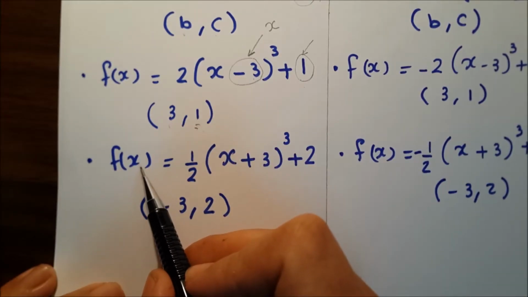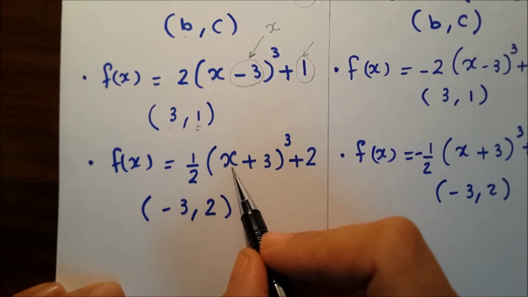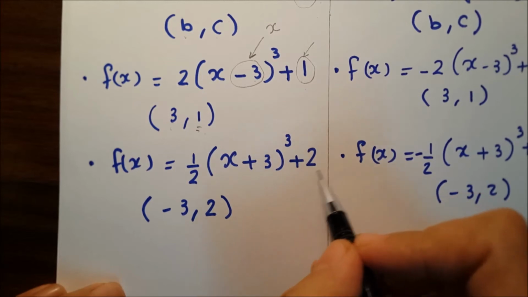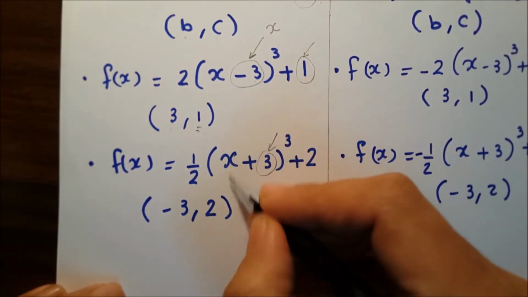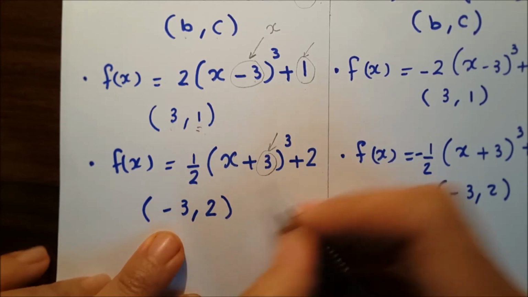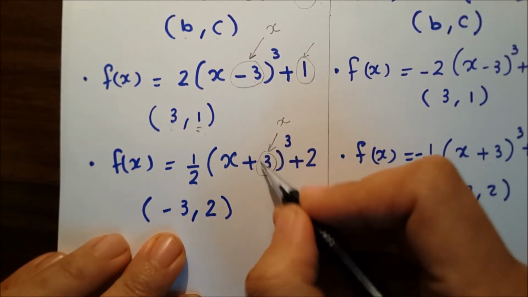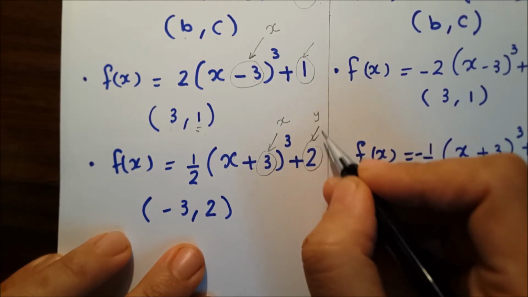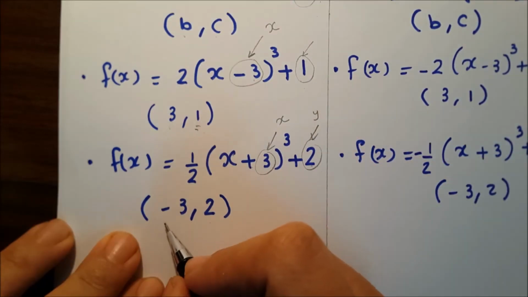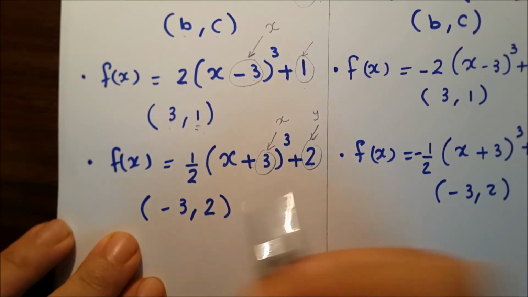Another example, if f(x) is equal to 1 over 2 times (x plus 3) all to the power 3 plus 2, the number inside the brackets is for x, but change its sign to be negative 3, and the number outside the brackets is for y, and keep its sign. The coordinates of the new point of symmetry are negative 3 for x and 2 for y.